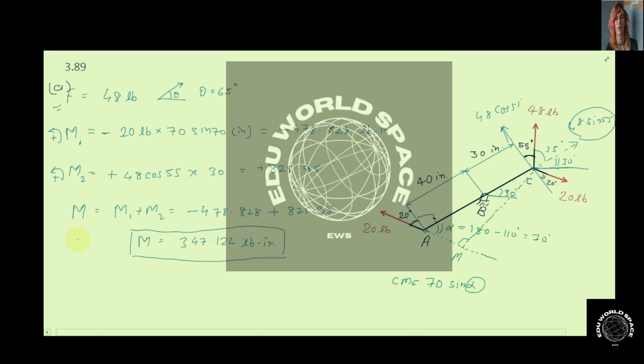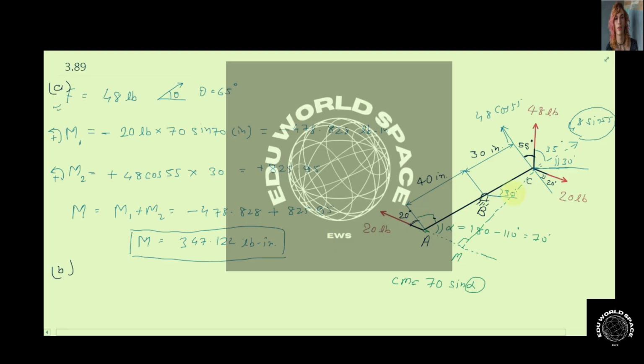Now in the second part, they are asking to find the location of the single force that will be present on this ABC line, and its location from point B such that it will cause the same effect. Here the moment is counterclockwise.